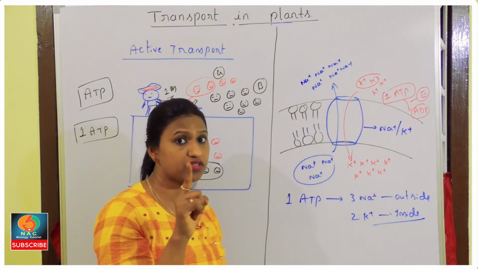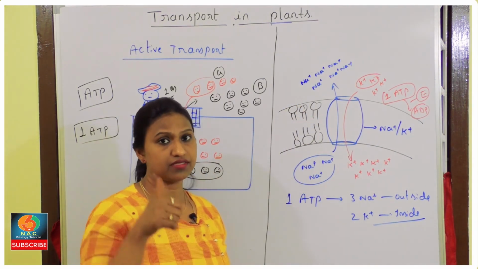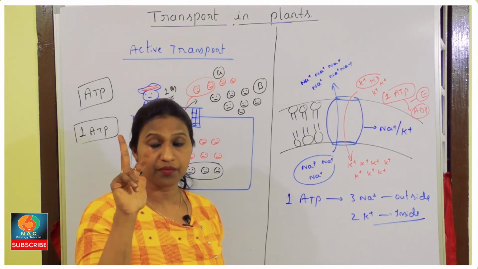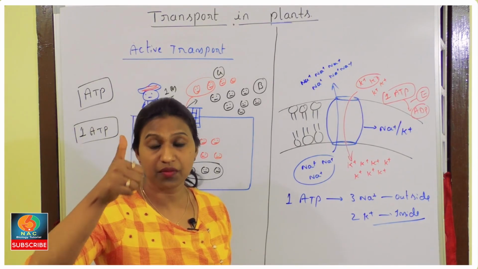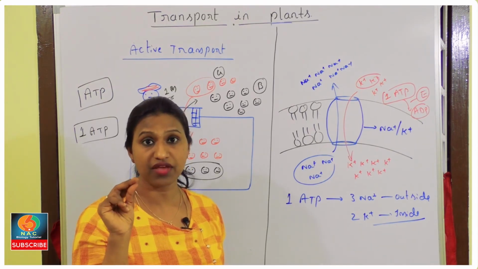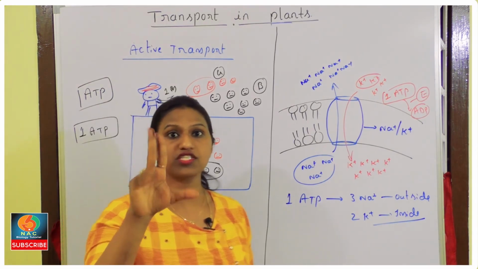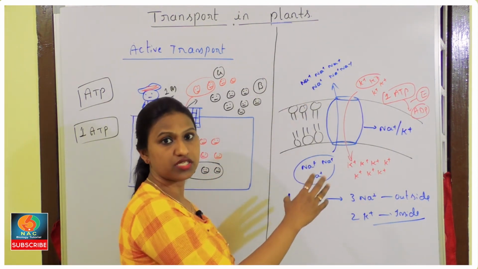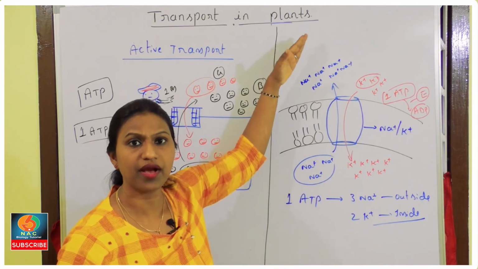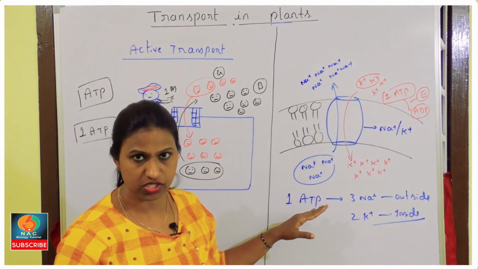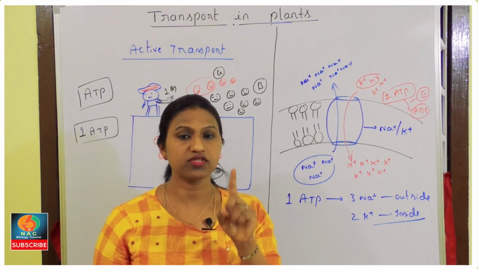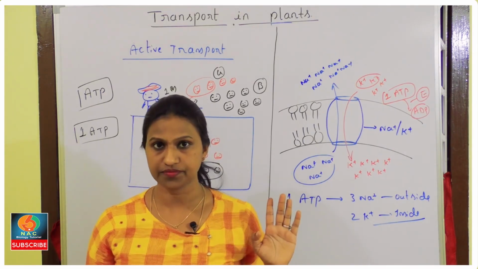So that is one factor. And temperature, pressure, permeability of the membrane. So these are the factors. At the same time, concentration gradient, whether there is a high concentration or a low concentration, because molecules can move only from higher concentration to lower concentration. So these are the 4 points. Remember it and make a note. These are the factors affecting diffusion.